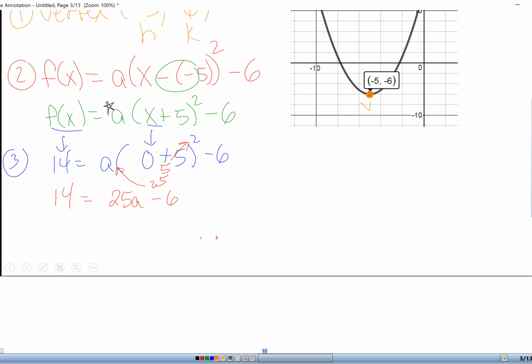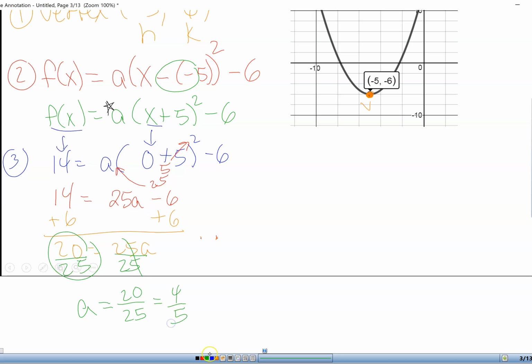Undoing algebra is done in the reverse of order of operations. So we have to undo the subtraction first. Then we have to undo the multiplication. And now we have 1a or a, and the 20 over 25 has a common factor of 5, so it would reduce to 4/5, like so.